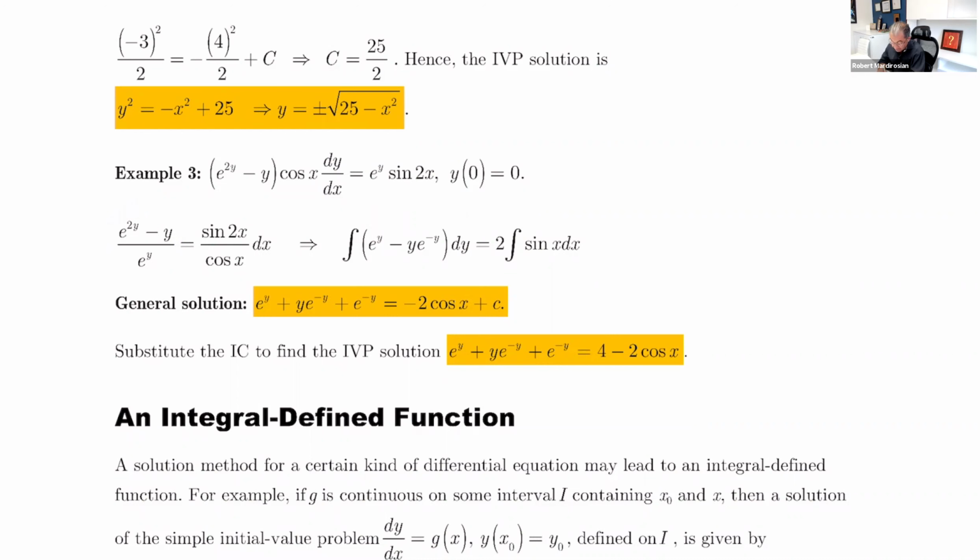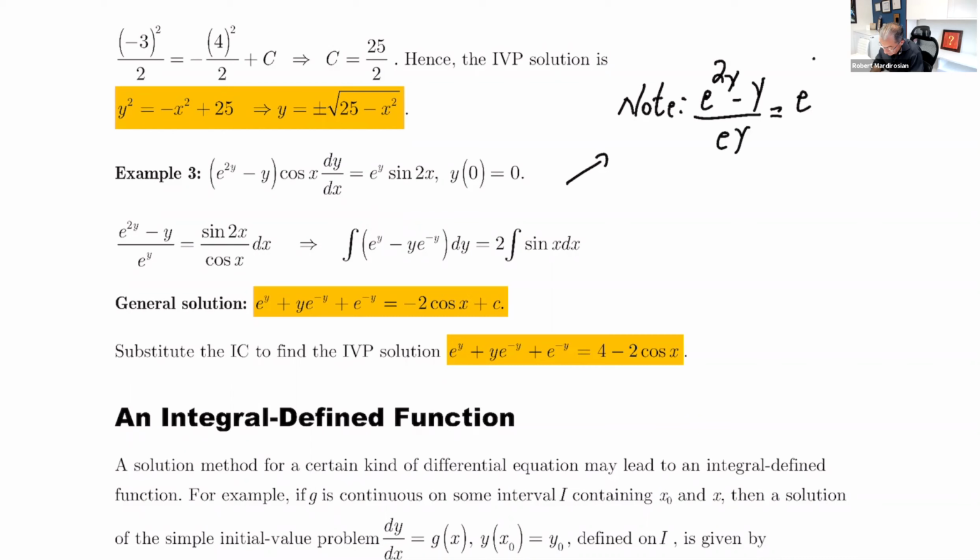So now separate them. Let me show you here what happens. Let's put this note: e to the 2y minus y over e to the y.